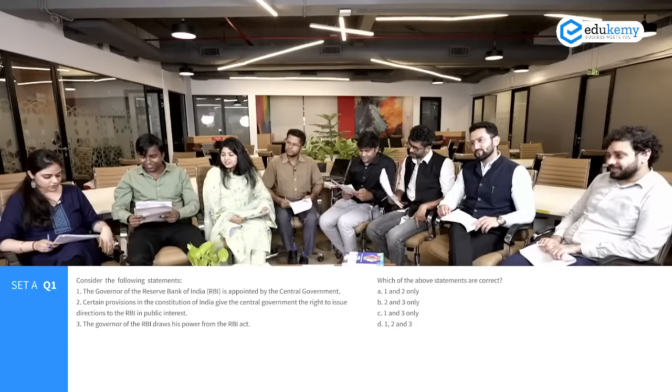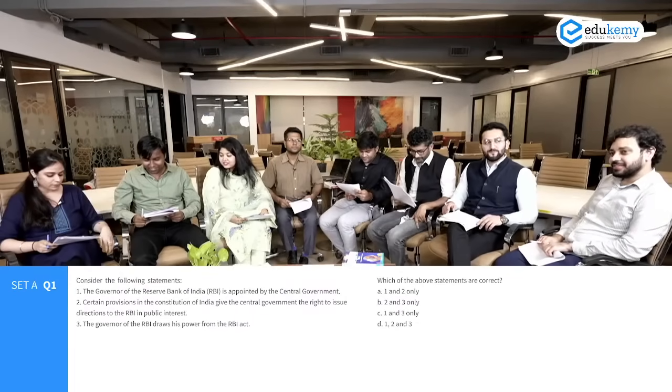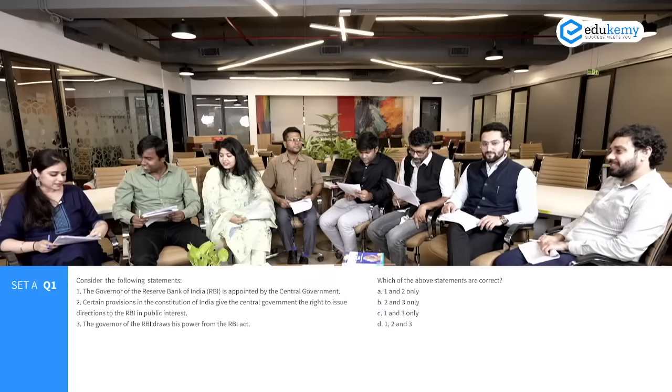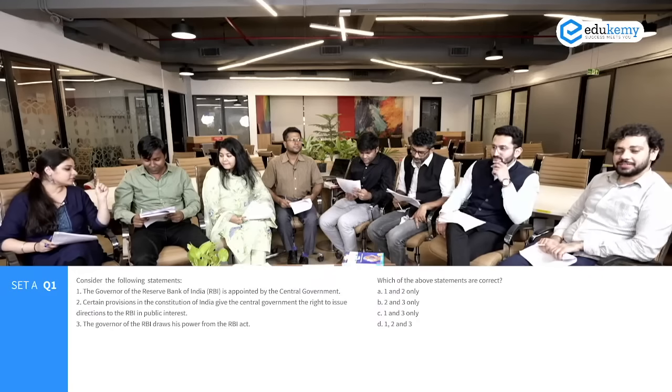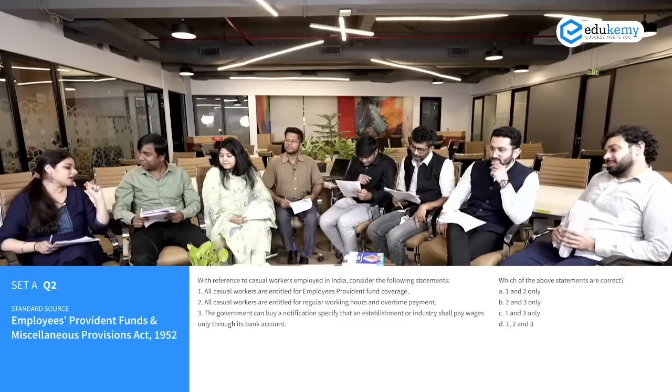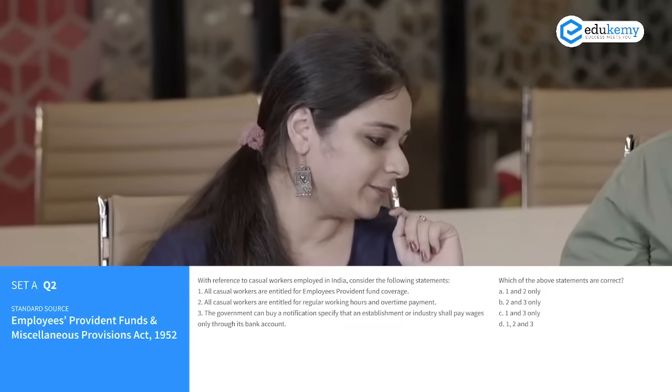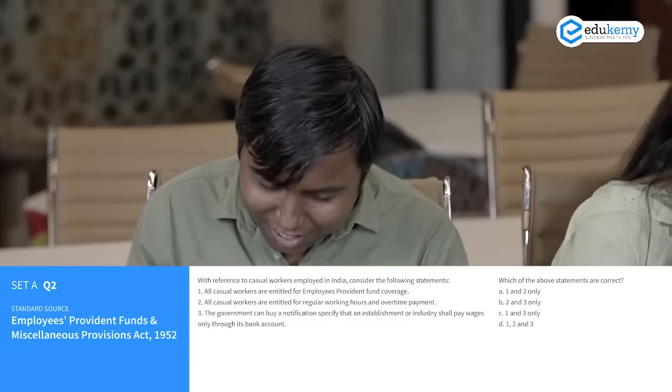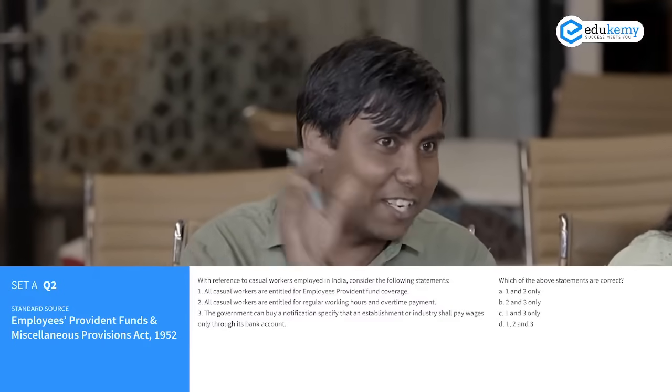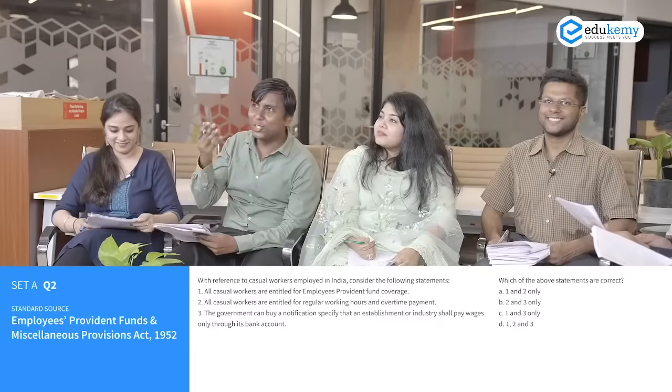Moving on to the next question, which talks about the Employees' Provident Fund coverage. Again, there's a catch. The first statement says all casual workers being employed are entitled for EPFO, the Employee Provident Fund. Our Tukka trick says that "all" is incorrect, and that's the first thing we use.